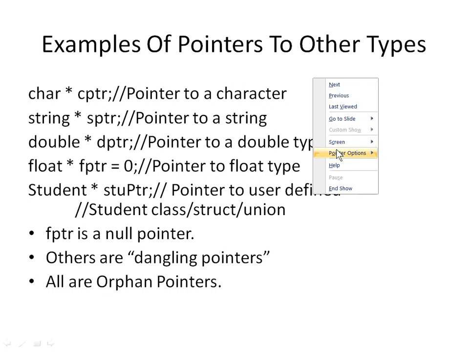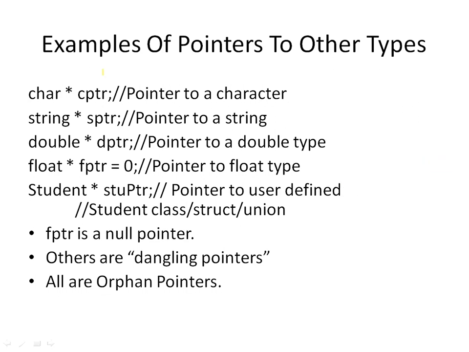Let's look at pointers of other types. If I make a declaration like this, char asterisk cptr, this is a pointer to a character type. If I have string asterisk sptr, this is a pointer to a string type.